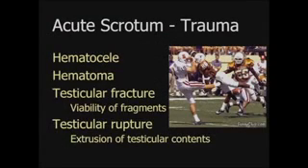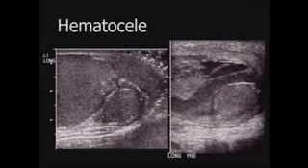We do see kids for trauma, especially in athletic events, and so there's a variety of manifestations you'll see. Most simple is just a hematocele. The appearance of the hematocele is going to depend upon the acuity of the injury. In this case, here's the testis, and there's this large echogenic complex fluid around it.